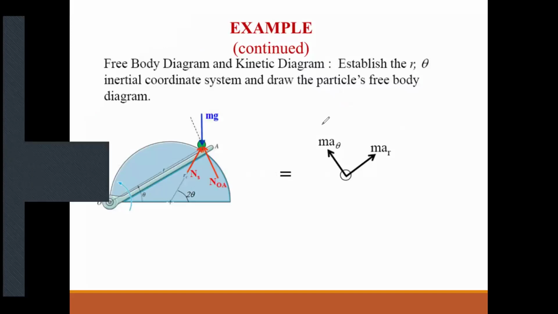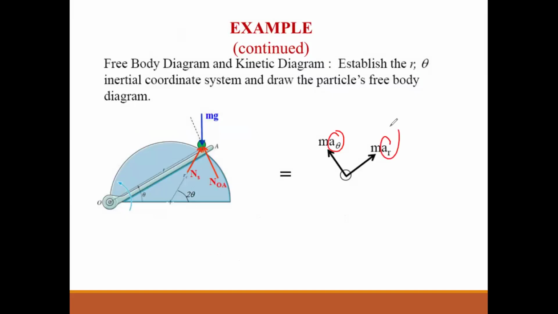And you see that we have to set up acceleration on both sides in the same directions of r and theta. R is in this direction and theta is in this direction. So then for the theta direction, this is the positive direction, and for the r direction, this is the positive r direction.